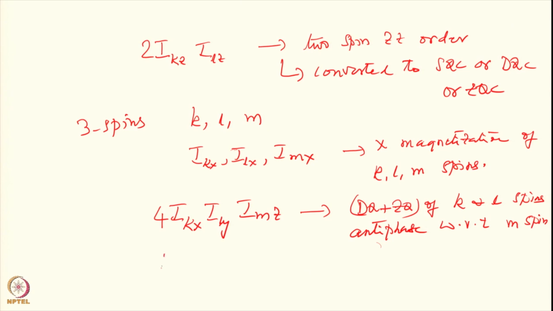Or I can also have things like 4 IKX ILZ IMZ. So, now I have 2 Z parts, transverse is only one, transverse is only with respect to the K spin, but I will have the Z with respect to L and M. So, this will be single quantum of K antiphase.